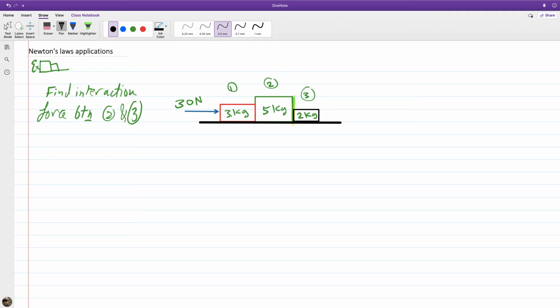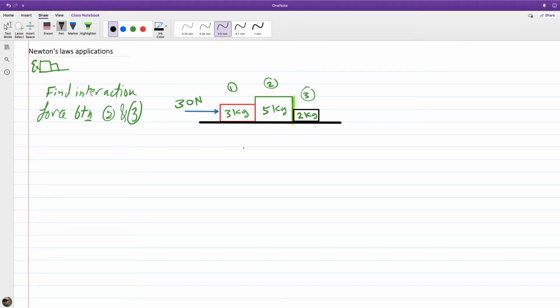Now the 3 kilogram is pushing on the 5 kilogram, and the 5 kilogram is pushing on the 2 kilogram. Now the force the 2 kilogram is pushing on the 5 kilogram is the same as the force the 5 kilogram is pushing back on the 2 kilogram. Now the same is true everywhere because of the action-reaction law.